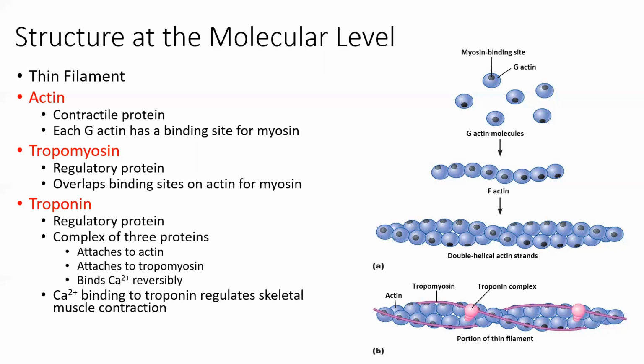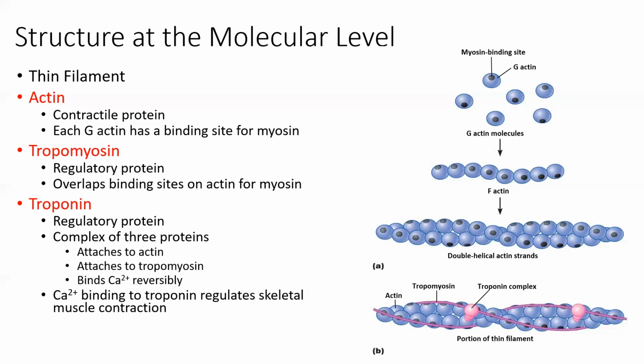And then when calcium binds to troponin, the other protein that is a part of this complex, the one that is attached to tropomyosin, our thread-like regulatory protein, will help to drag that protein away from the binding sites, which is going to expose those binding sites and allow myosin to reach up and to grab onto those binding sites, okay? So all of these fine details are going to be really important functionally when we talk about muscle contraction.